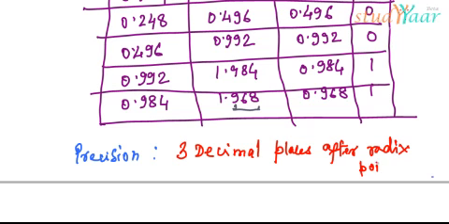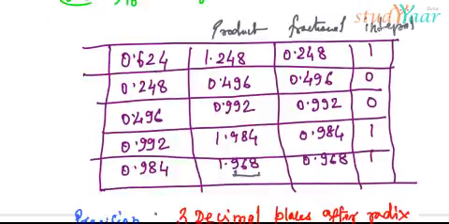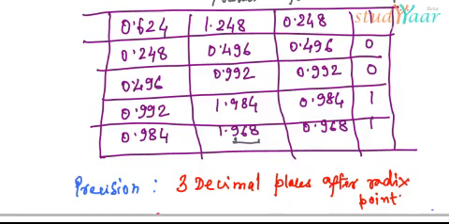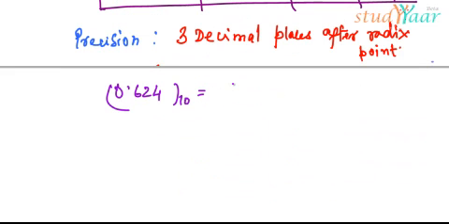In that case, I am going to say that 0.624 is equal to 0.100. I am just going to take the first 3 numbers in binary, with a precision of 3 places after the radix point.